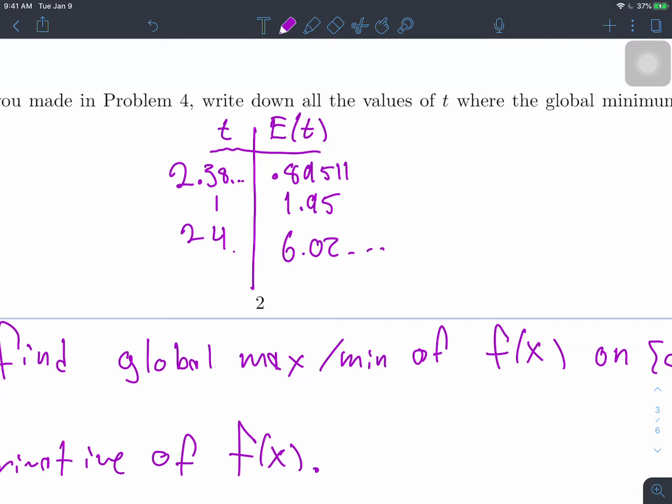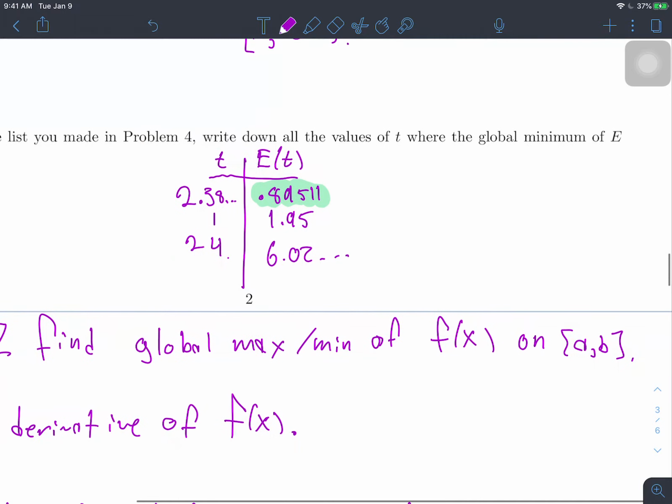I'll take the silence as a no. You're right, there's nothing else to check. We just have to find which of these numbers on the right-hand side is the smallest. Well, it's going to be this one here. That's the smallest number.